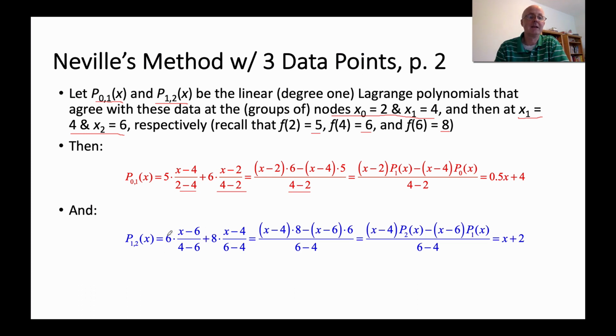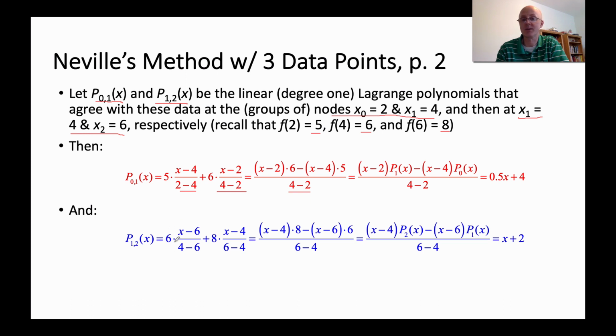It's this. You got the output of the function at 4, at x1, which is 6, times an expression which equals 0 when x, careful, is x2, which is also 6. These 6's, in a sense, come from different places here. And equals 1 when x equals x1, which is 4. 4 minus 6 over 4 minus 6 is 1, times 6 is 6.